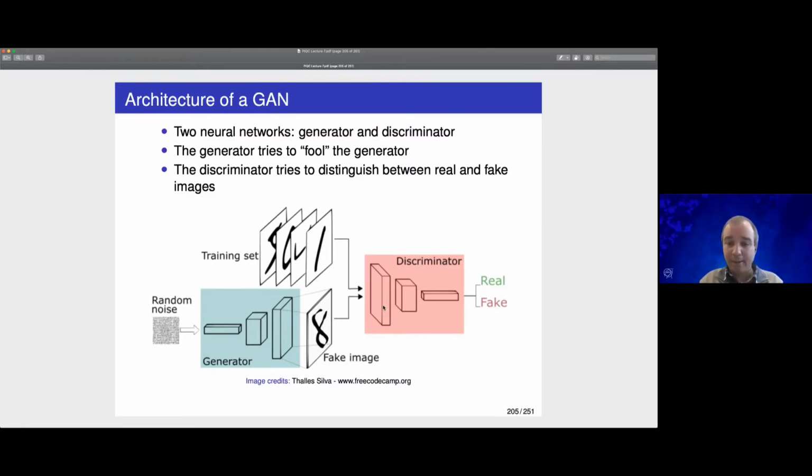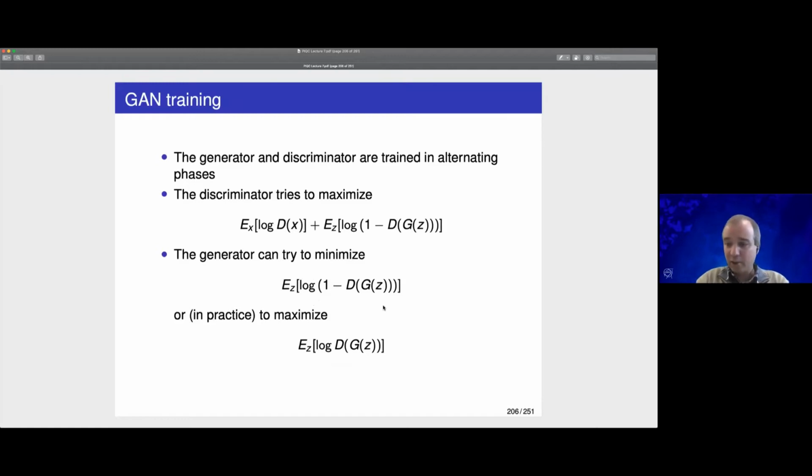The discriminator classifies the data into real or fake, and depending on the answer, we modify the parameters of the generator if we are training the generator, or the parameters of the discriminator if we are training the discriminator. In order to do that, we define some loss functions, which are kind of symmetric, although in practice sometimes they are not used in a symmetric way. The discriminator tries to maximize these functions and the generator tries to minimize them.